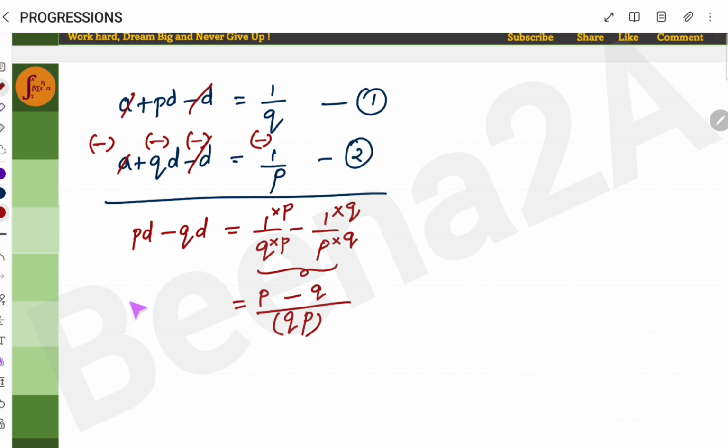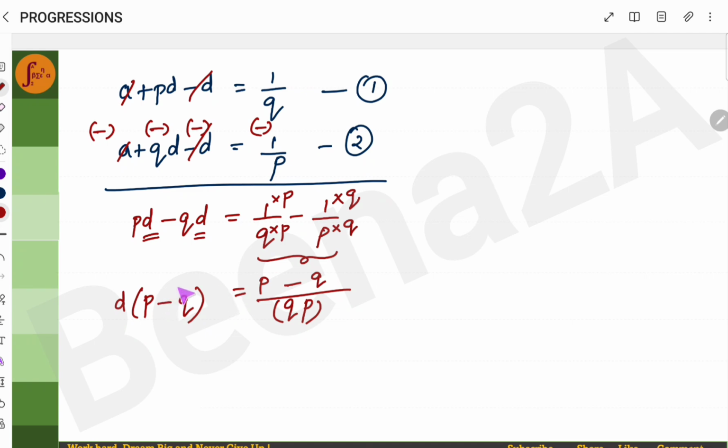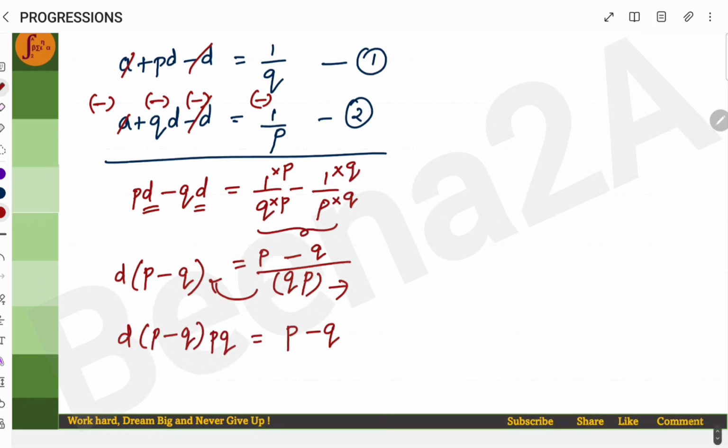And now I'll take D as common factor. So I'll be left with P minus Q. This P minus Q and P minus Q will get cancelled. But actually, I shift this here so that I get rid of the denominator. I'll get D into P minus Q into PQ is equal to P minus Q. Right?